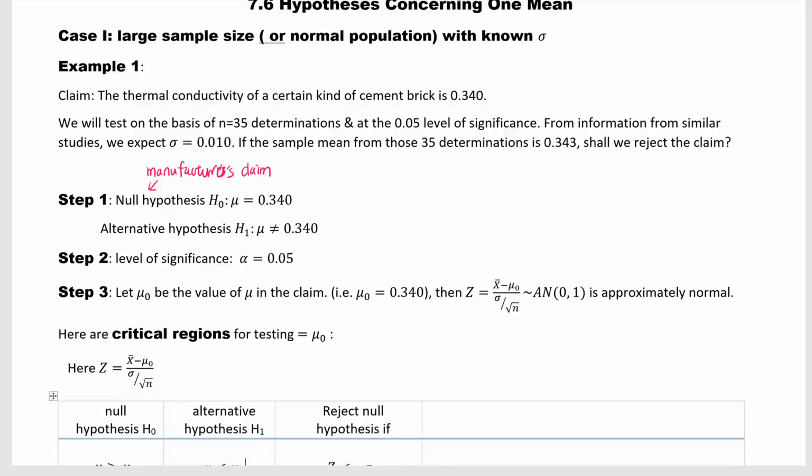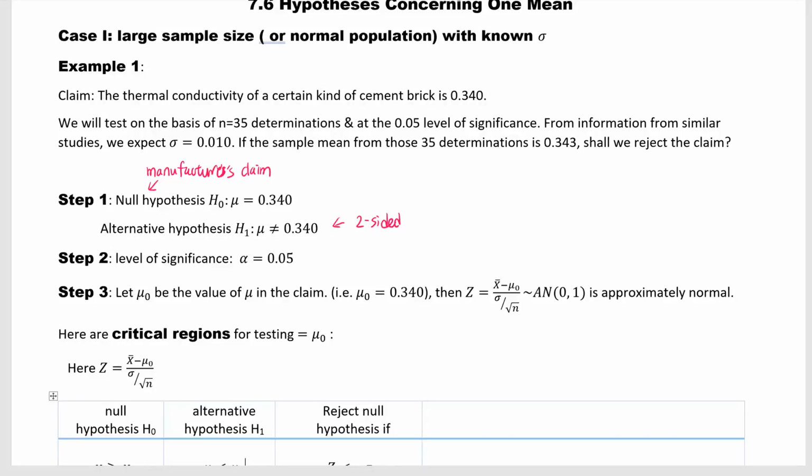And then the alternative hypothesis is usually the negation of that. So here, because here we have two-sided alternative hypothesis. So this is a two-sided alternative hypothesis.